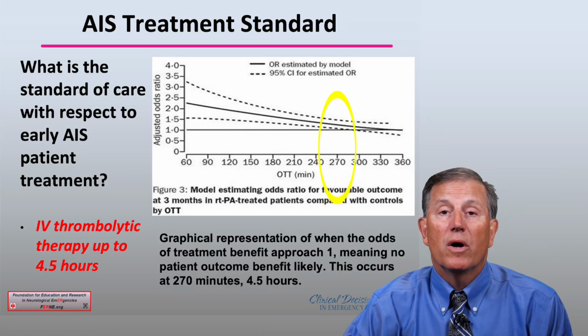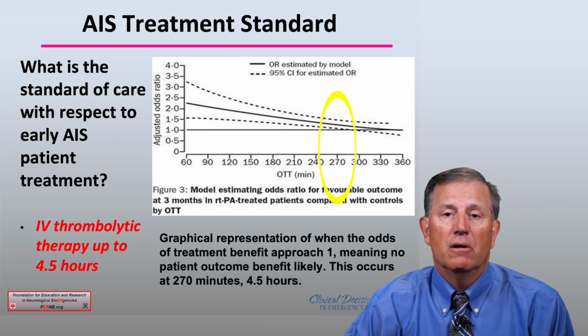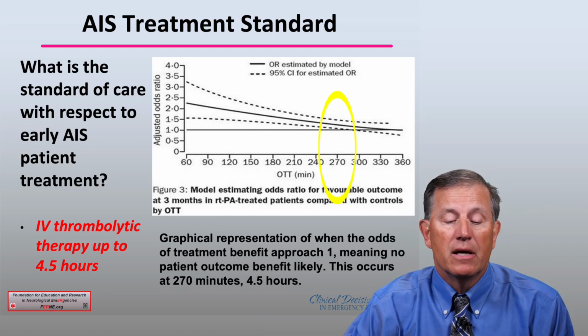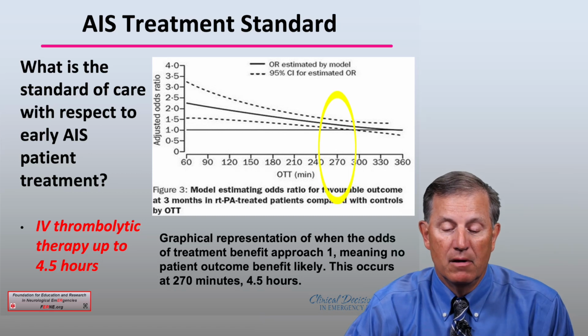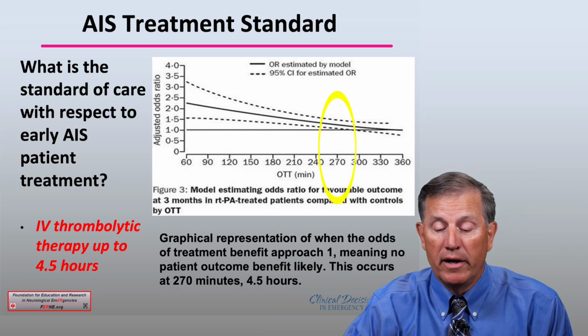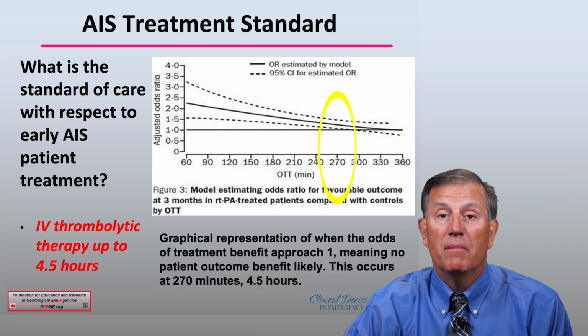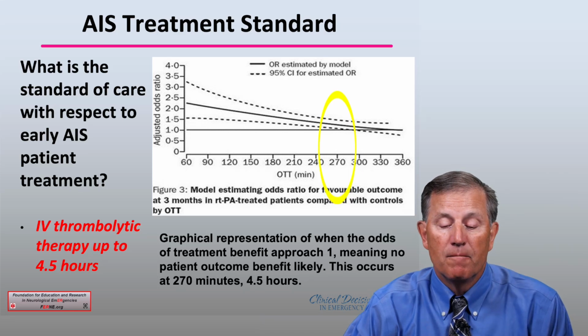So what is our stroke treatment standard? Well, the most commonly understood and well-practiced standard is the use of IV thrombolytic therapy up to 4.5 hours following the stroke onset or ictus. Here is a graphical representation of when the odds of treatment benefit approaches 1, meaning no benefit is likely to occur with the use of IV thrombolytic therapy.